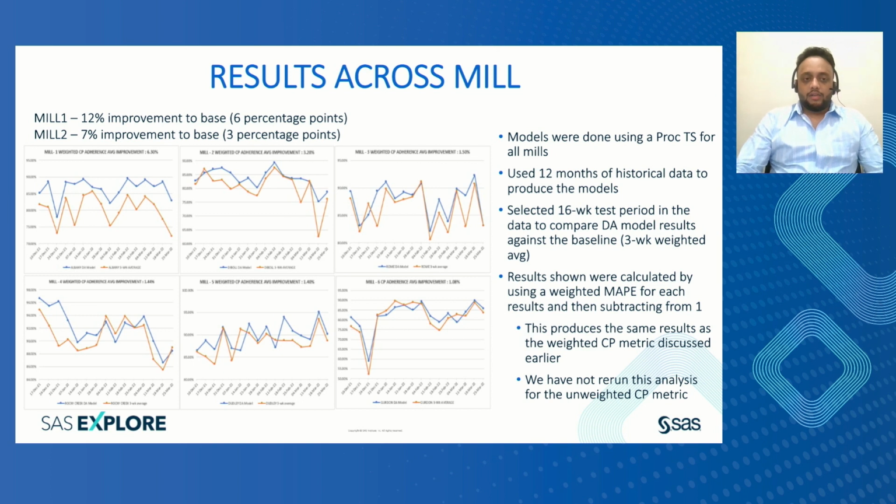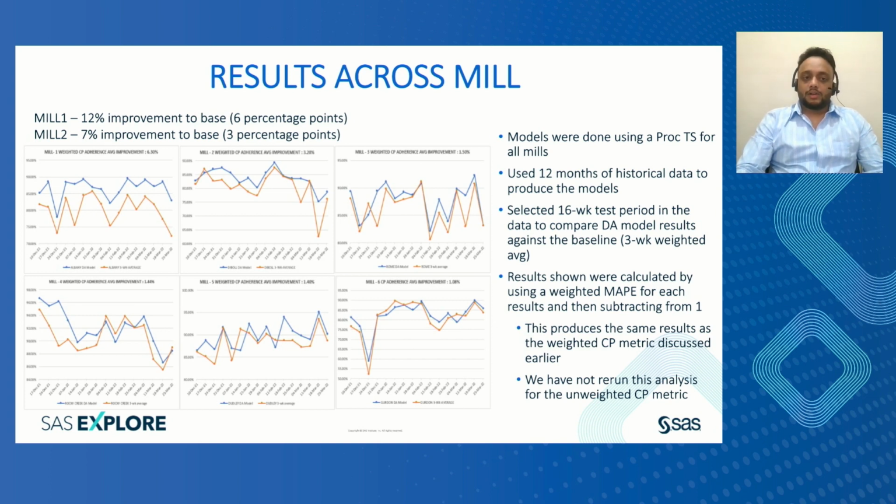If you see mill number 1 in the top left corner of this slide, the first graph, we have around 6% improvement from the 3-week average, and more than 12% improvement from the base. A 12% improvement from the base is a huge improvement in operations, and this has been replicated to other mills as such.